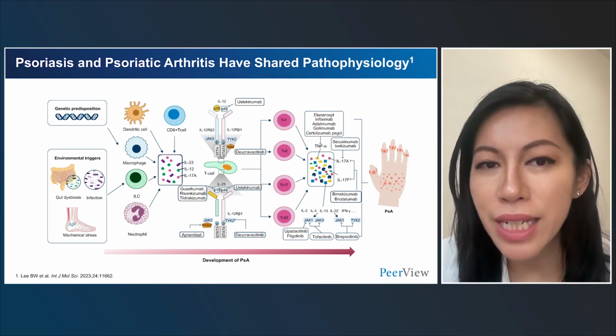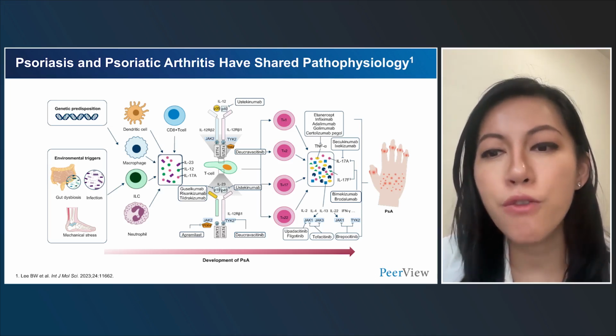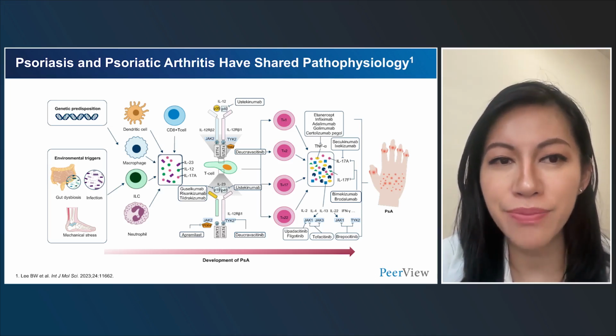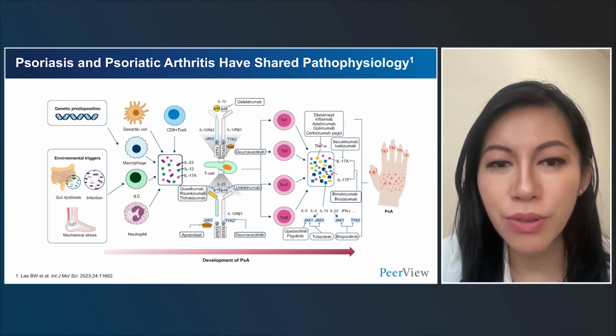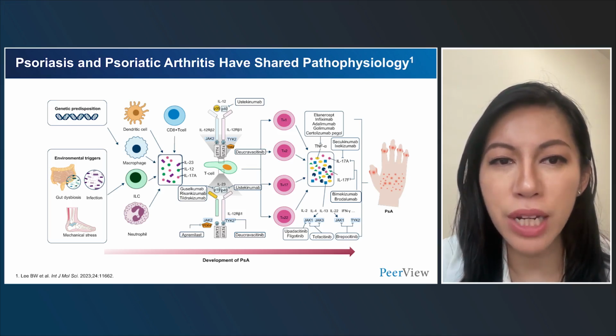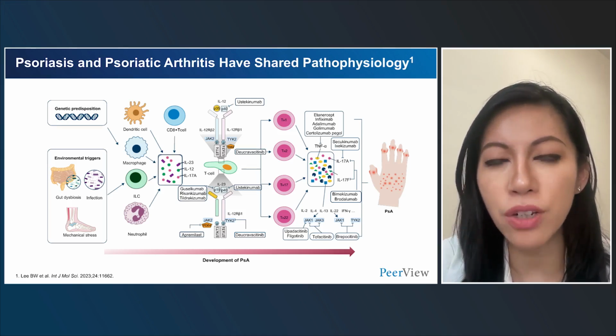Okay, so is there data to support TYK2 inhibition for patients with psoriatic arthritis? Now let's take a look at this image. So I know this looks quite busy here, but this really speaks to the shared pathogenesis for psoriasis and psoriatic arthritis.